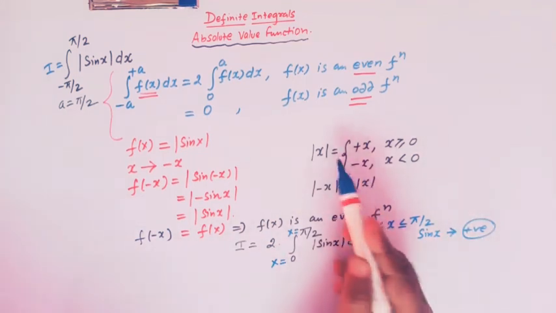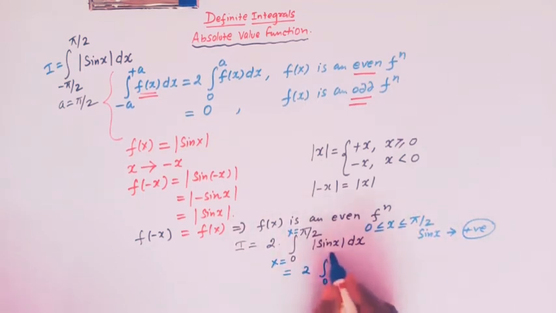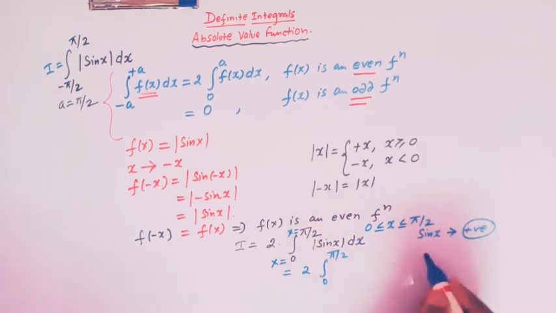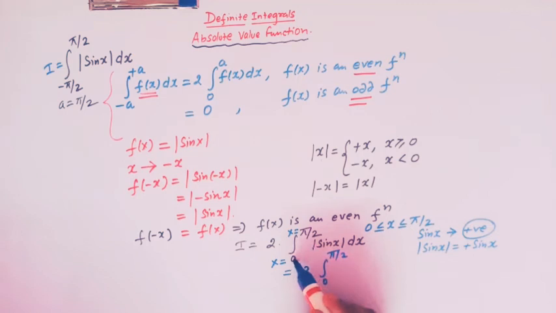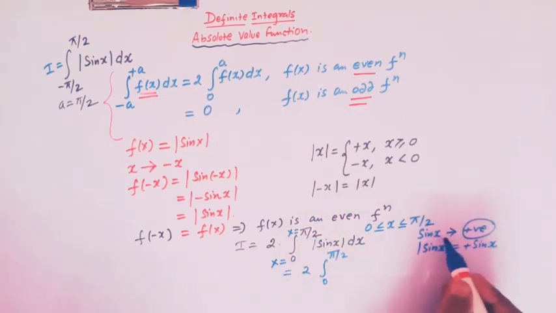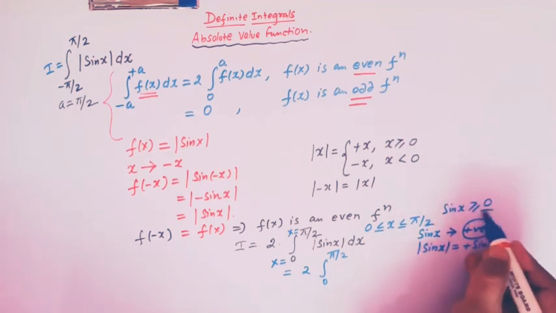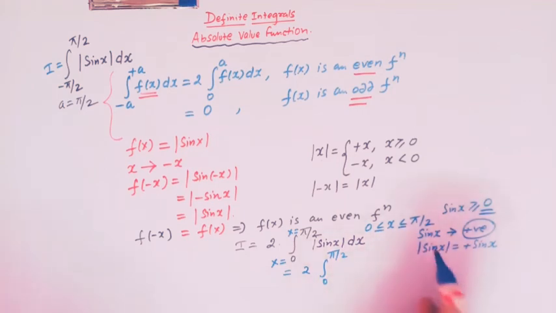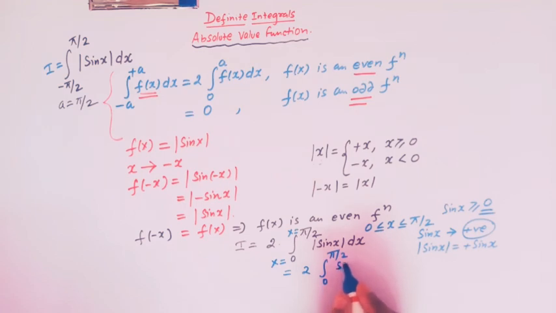From this definition we can write this integral I as 2 times the integral from 0 to pi by 2, and for mod of sin x we have simply plus sin x, because for all values of x from 0 to pi by 2, sin x is a positive quantity, or we can say sin x is greater than or equal to 0. So here we have utilized this definition, and we have simply sin x dx.